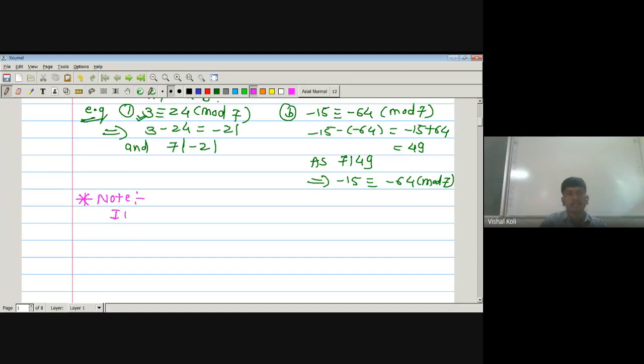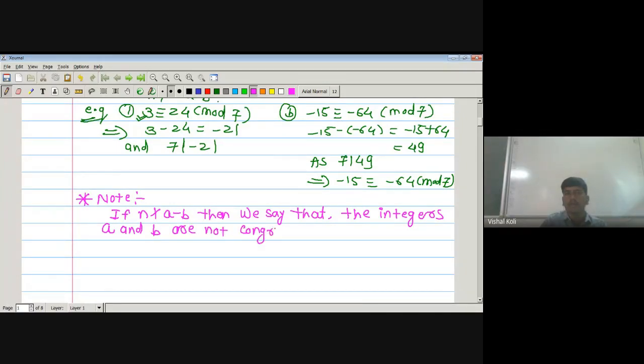If n does not divide a minus b, then we say that the integers a and b are not congruent.